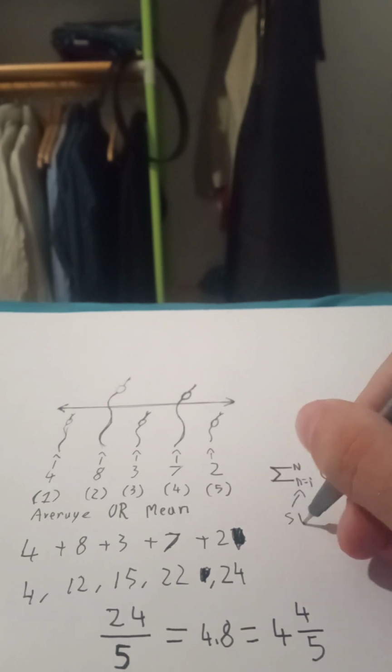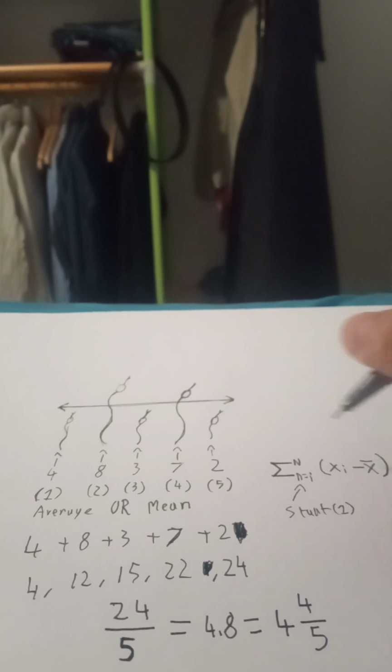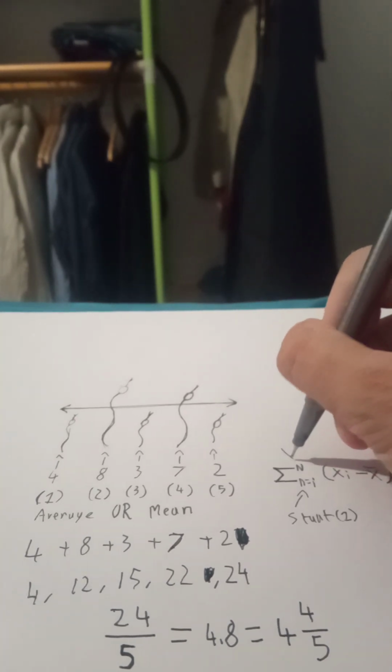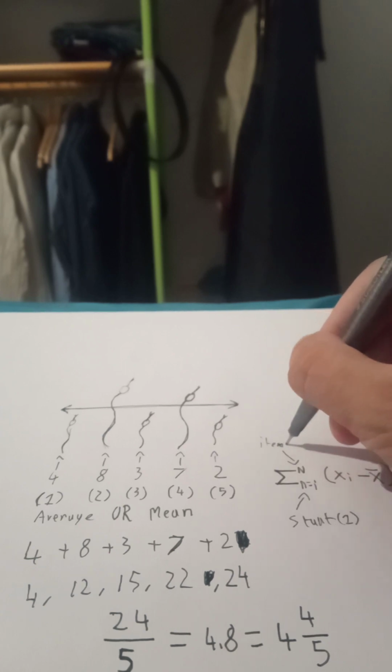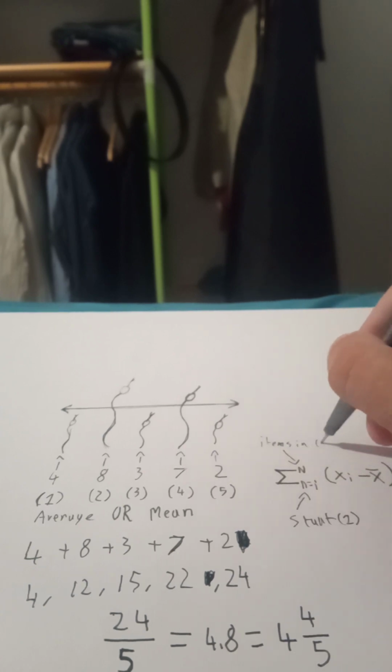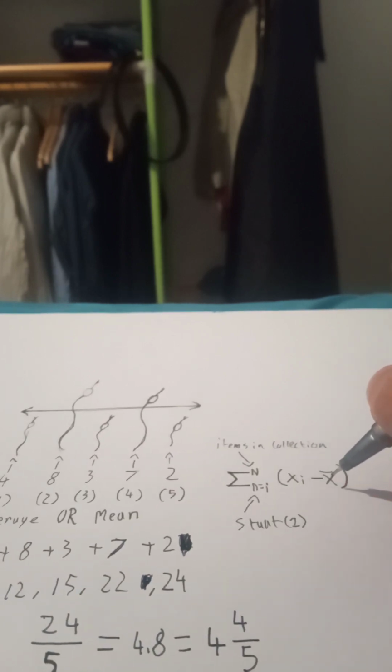So that's the start, which in our case is 1. And this is the items in the collection. And what we're going to do is say for every item, we're going to take away the average value.